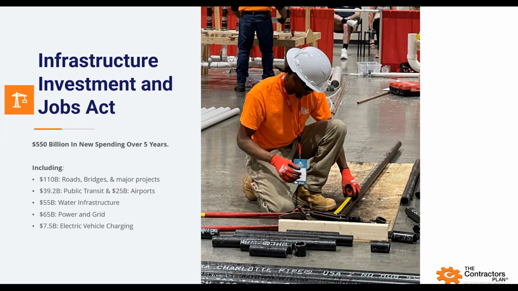So you're talking about massive, billions with a B, for roads, bridges, major projects, public transport, airports, water, power and grid, those types of projects. And as already mentioned, electric vehicle charging. We're going to have electric vehicle chargers on every street corner with the amount of money that's being spent by the federal government.